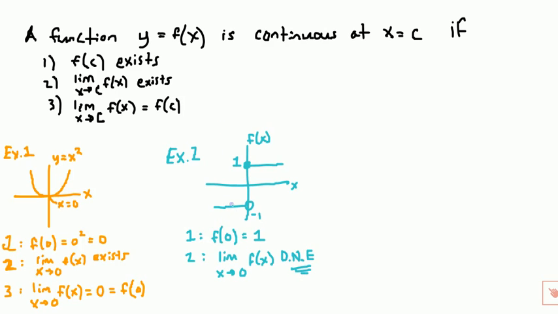And that makes sense, right? If you were trying to draw this, you came in from the left here, you would have to pick up your pencil to continue drawing it. There's a break in the graph. Okay? And now for our final example.